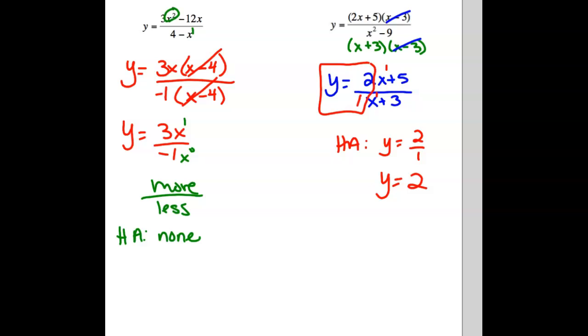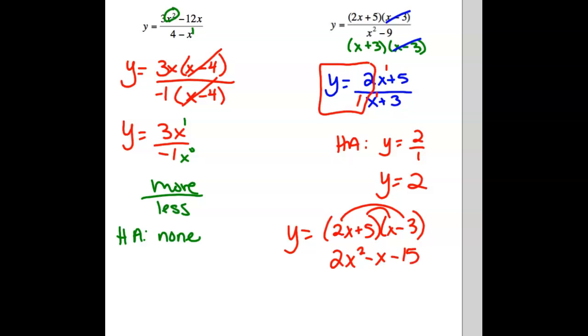If you don't want to factor, then you would have to FOIL out the top. All right, so we had y equals 2x plus 5 times x minus 3. If we FOIL that out, we get 2x squared minus 6x plus 5x would be minus 1x, and then a minus 15. So we would be comparing that as the numerator and x squared minus 9 as the denominator.